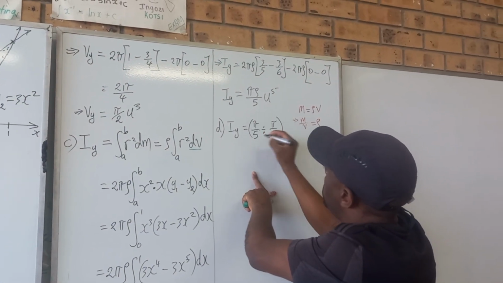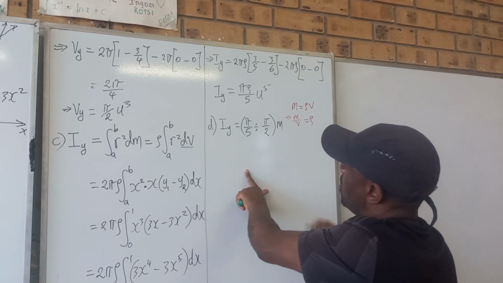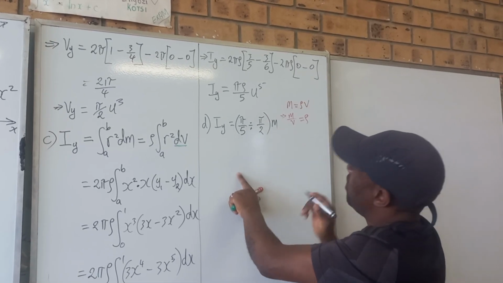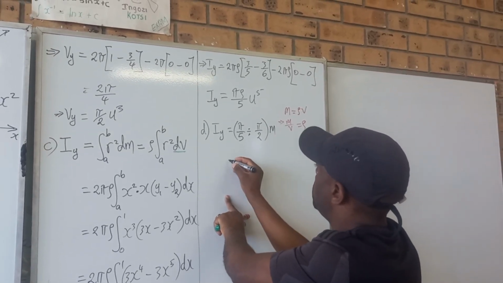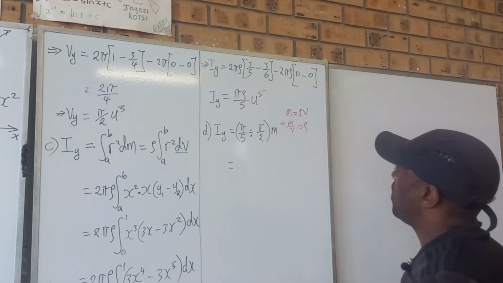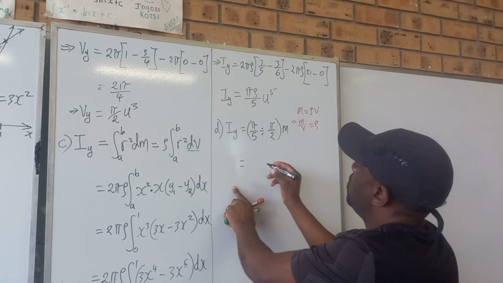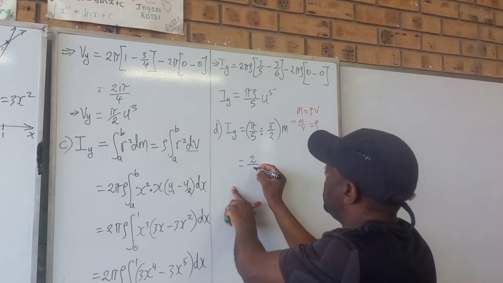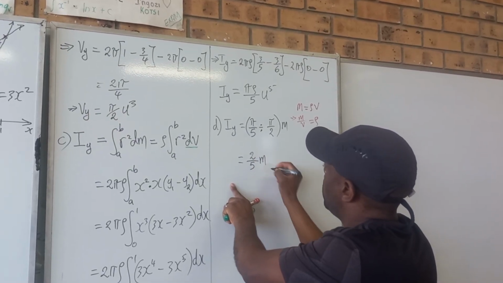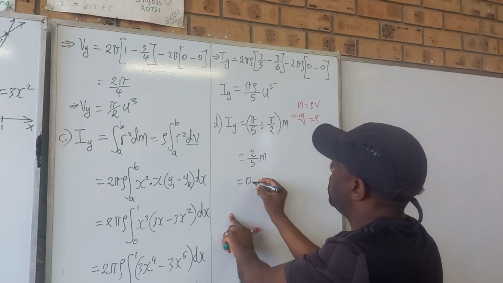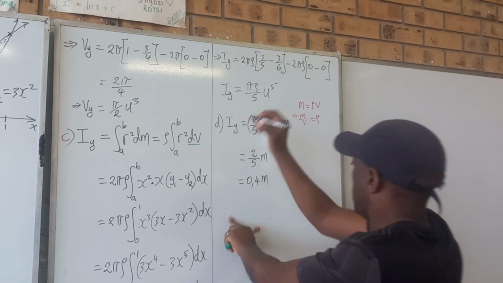Then I multiply this result by m. So it's like I'm taking mass over volume. So if you do that division, it's like you're dividing 1 over 5 by 1 over 2, since density will cancel itself. We're simply ending up with 2 over 5 m, or maybe better still 0.4 m.